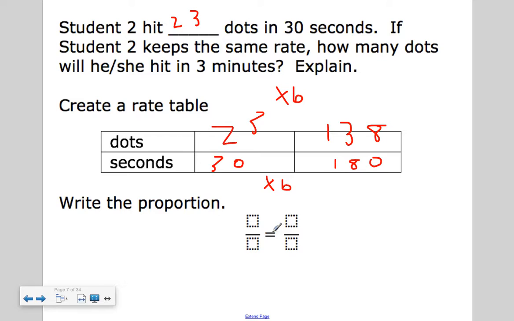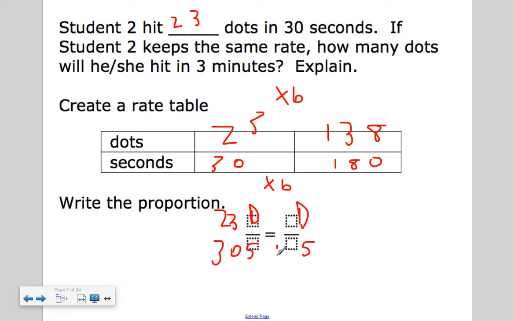But today we're going to be learning something called proportion. We can set up a proportion, equivalent ratios or equivalent fractions. So it's so important that when you do a proportion, you label it so you know what you're going to be using. So it's 23 dots, 30 seconds.